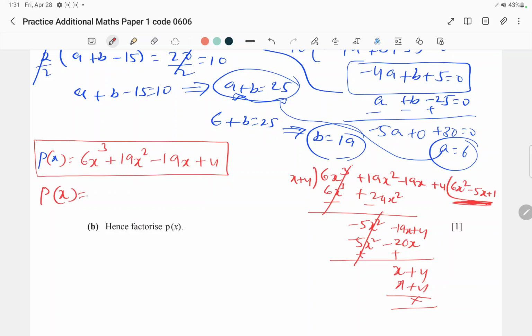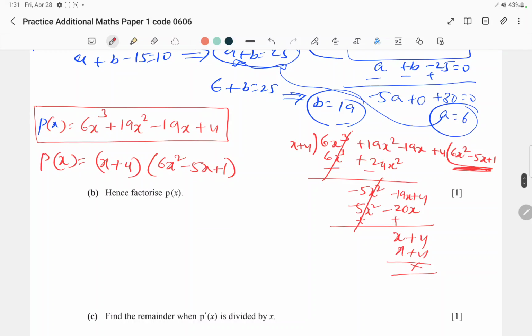So here p(x) we can write as x plus 4 times 6x square minus 5x plus 1. Hence factorize. Factorize means we just need to factorize this part, which is x plus 4 and 6x squared times 1, which is 6. So here it should be written as 6x square minus 2x minus 3x plus 1.